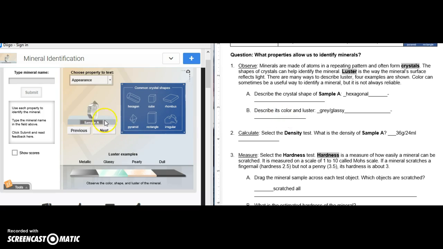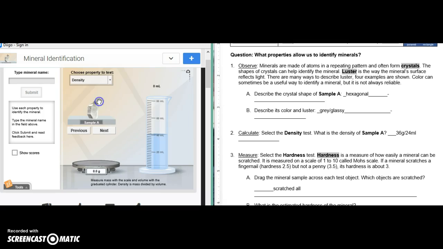Okay, next thing I'm going to do is the density, which is a lab procedure where you have to get the mass of it, which is 36.4 grams. I'll put that over here. 0.4 grams on the balance. And the way you figure out its volume is you drop it in some water and see the change in the mLs. This one says 40 right now.